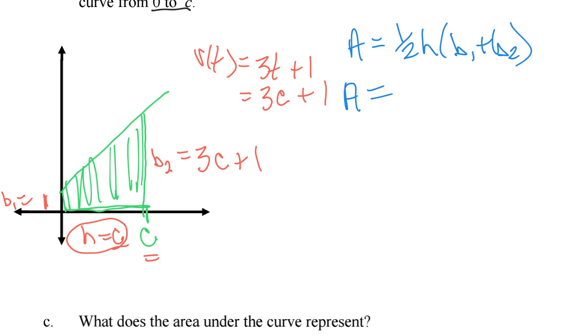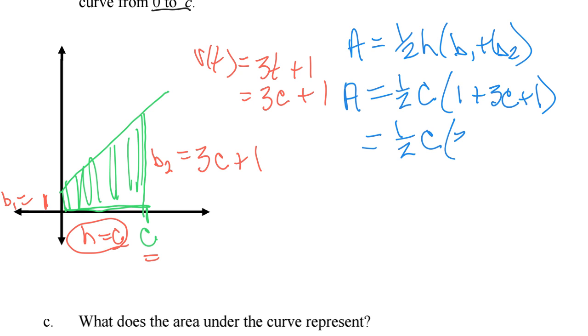We don't know exactly what that length is. All right, plugging everything in, we have 1/2 c times the sum of the bases, 1 plus 3c plus 1. So I get 1/2 c times 3c plus 2.